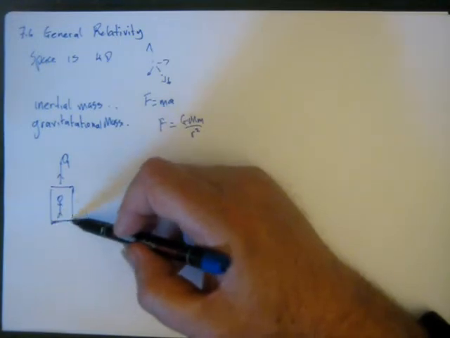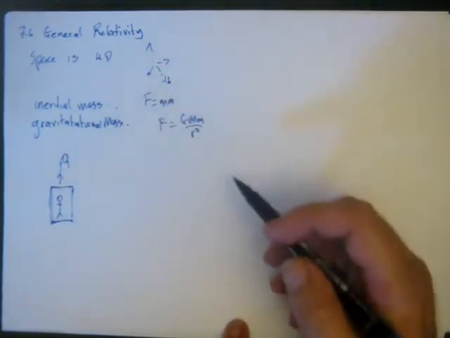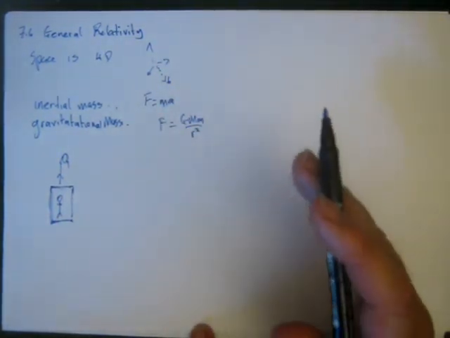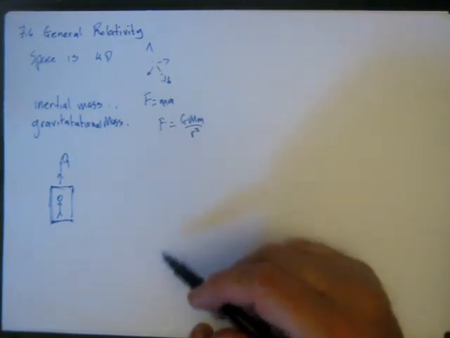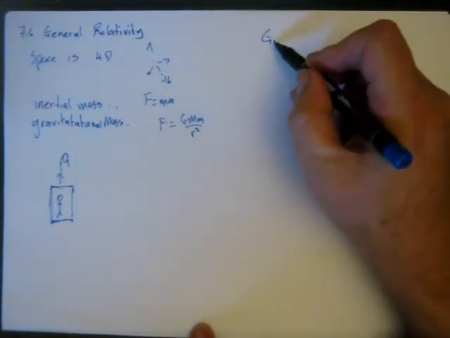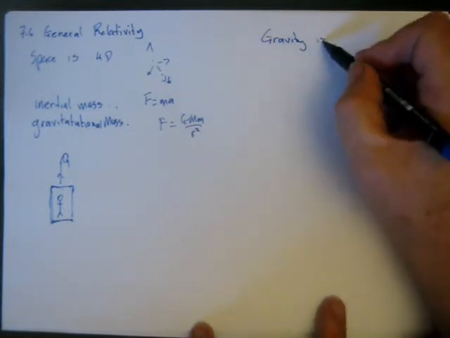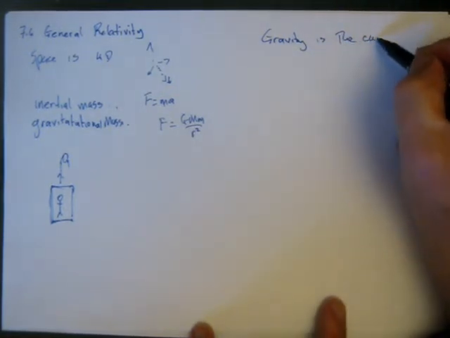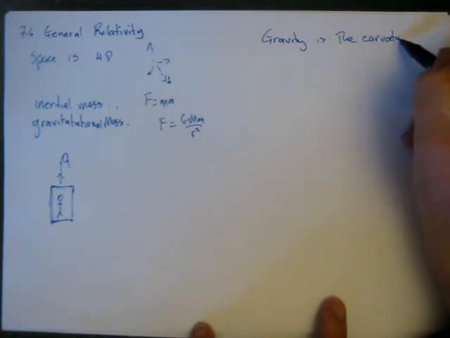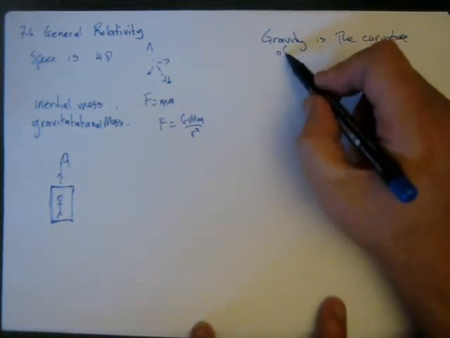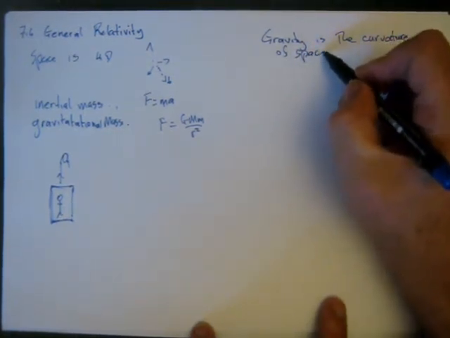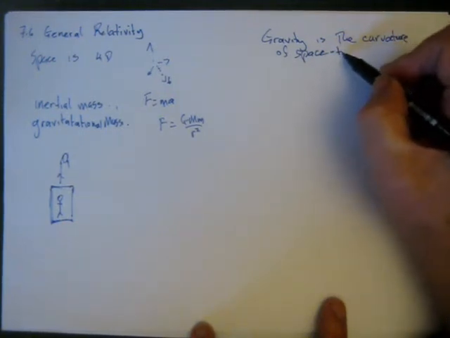But it also meant that it gave us a different way of looking at gravity. So what's gravity? And so gravity, according to Einstein, I doubt that you'll be tested on this, is the curvature of space-time.